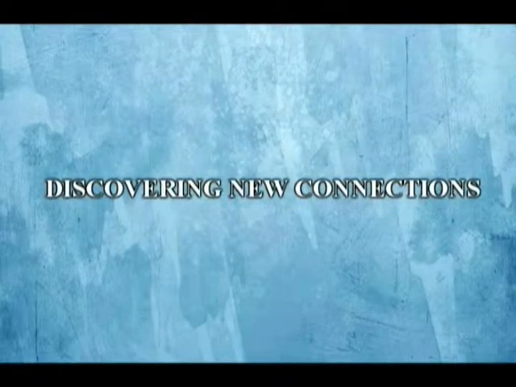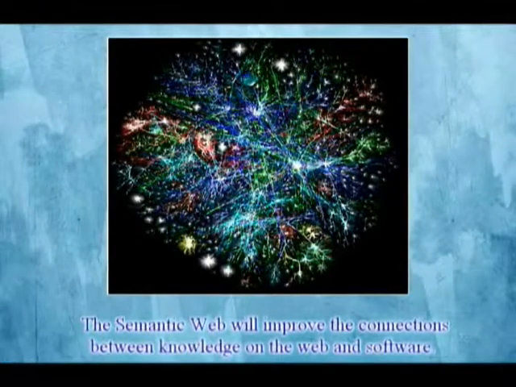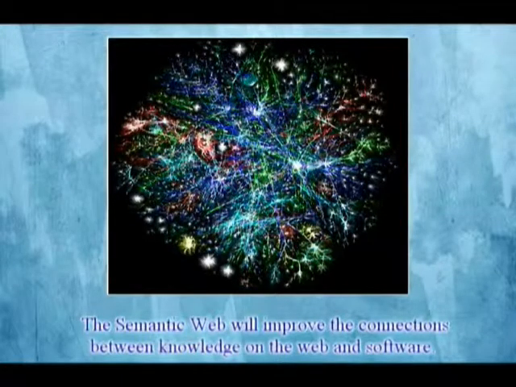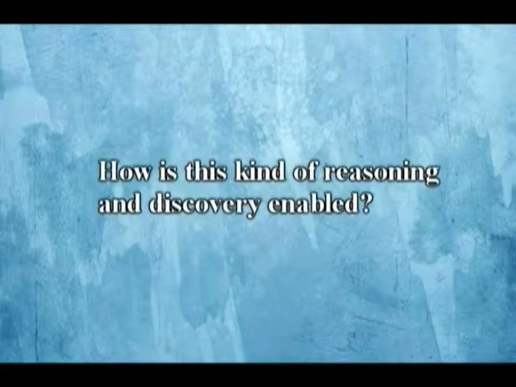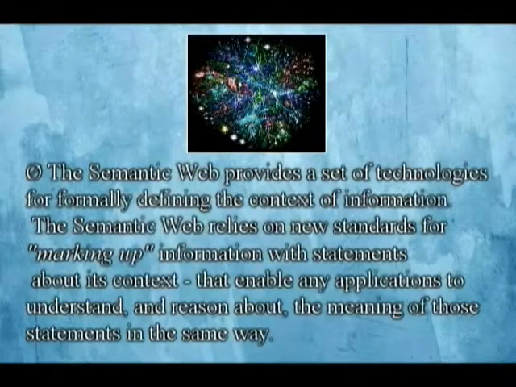Discovering new connections. The semantic web will improve the connections between knowledge on the web and software. How is this kind of reasoning and discovery enabled? The semantic web provides a set of technologies for formally defining the context of information.